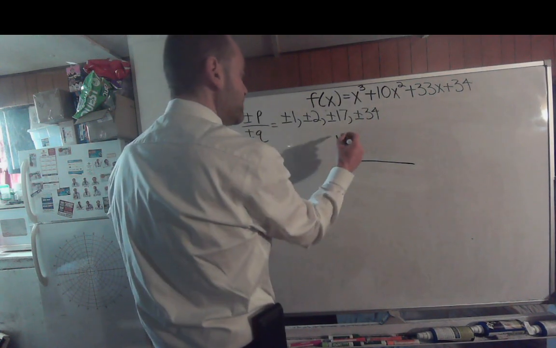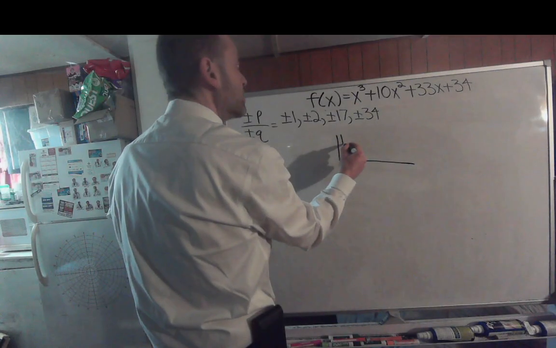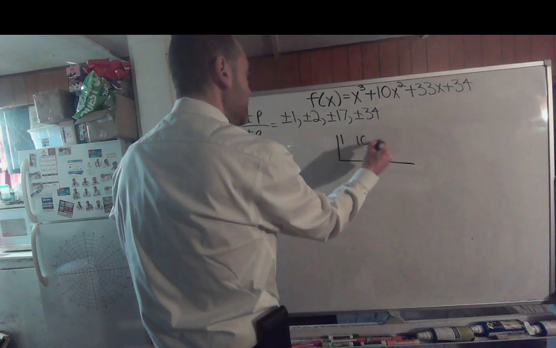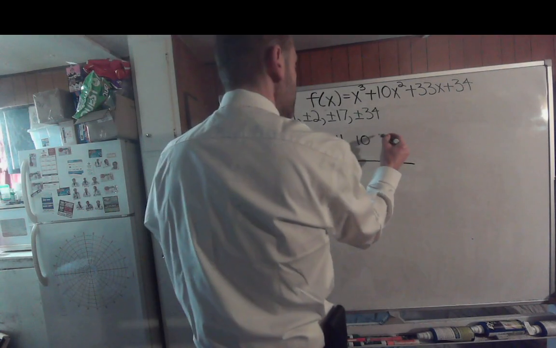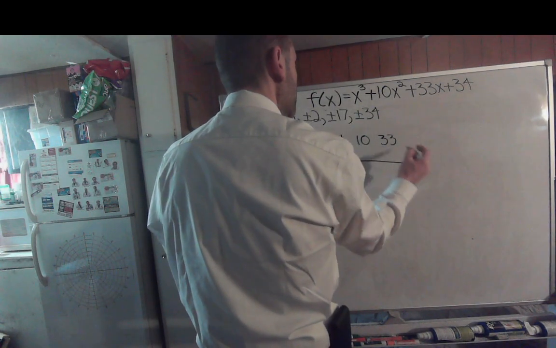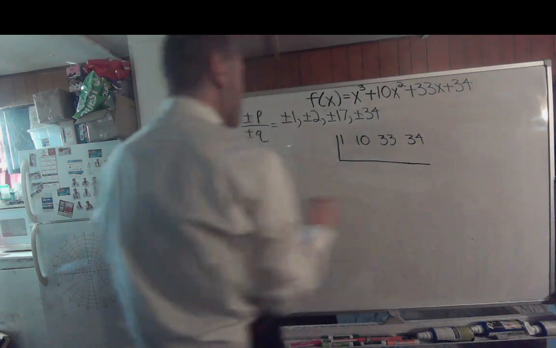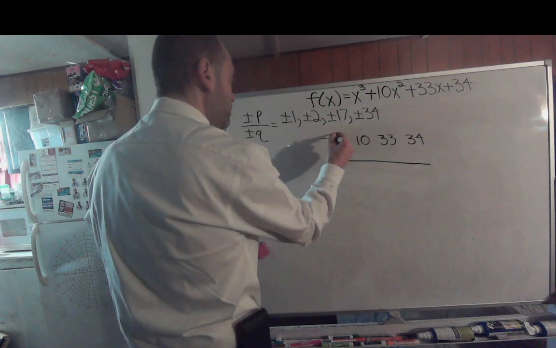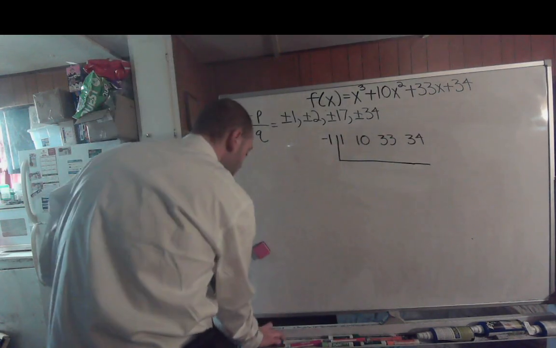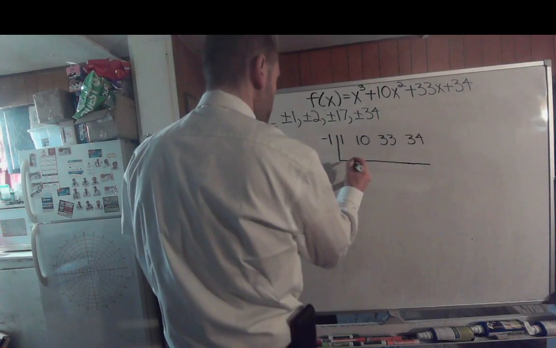So coefficient of x to the third is 1, coefficient of x squared is 10, coefficient of x to the first is 33, constant is 34. Alright, let's try negative 1. So bring down your positive 1.